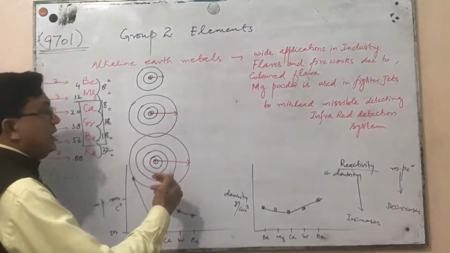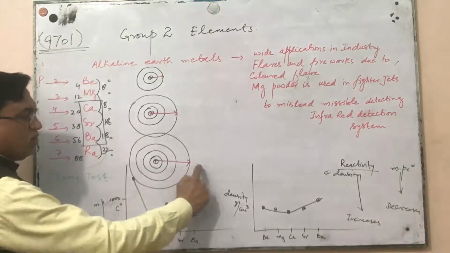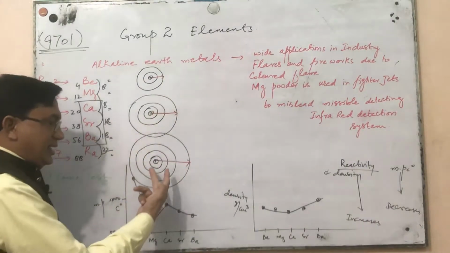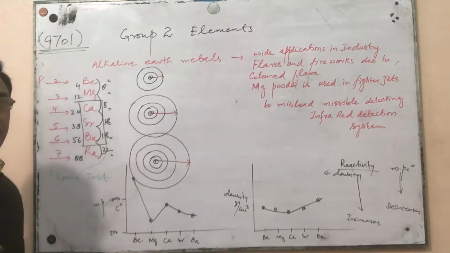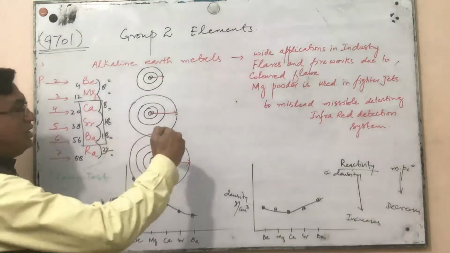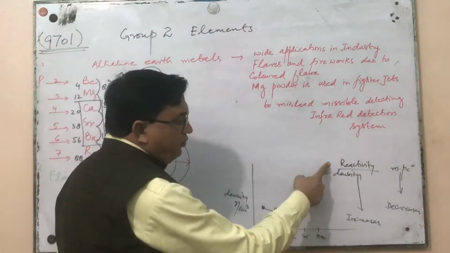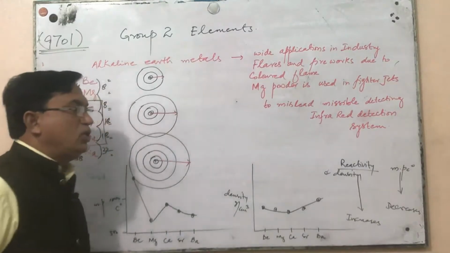It means that if this calcium atom loses an electron easily as compared to beryllium, we can say that calcium is more reactive than beryllium. This trend also indicates that the reactivity of elements increases down the group.